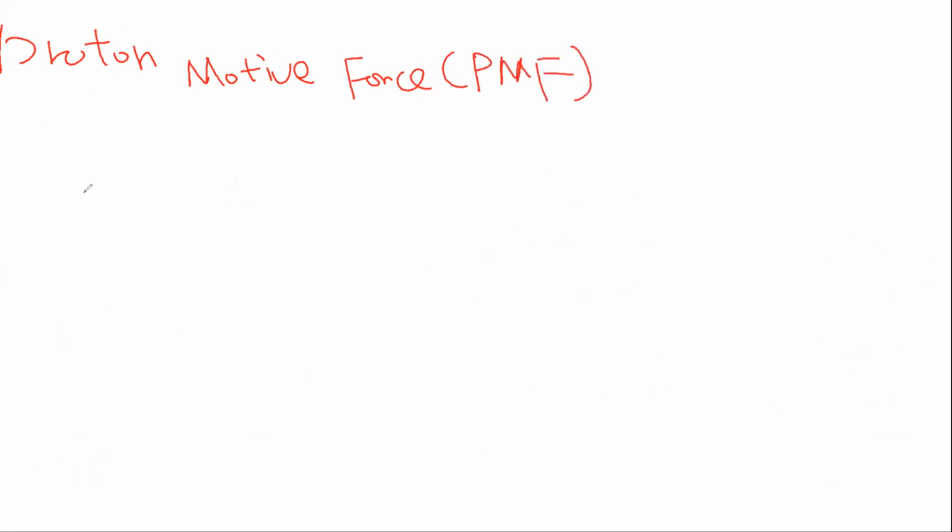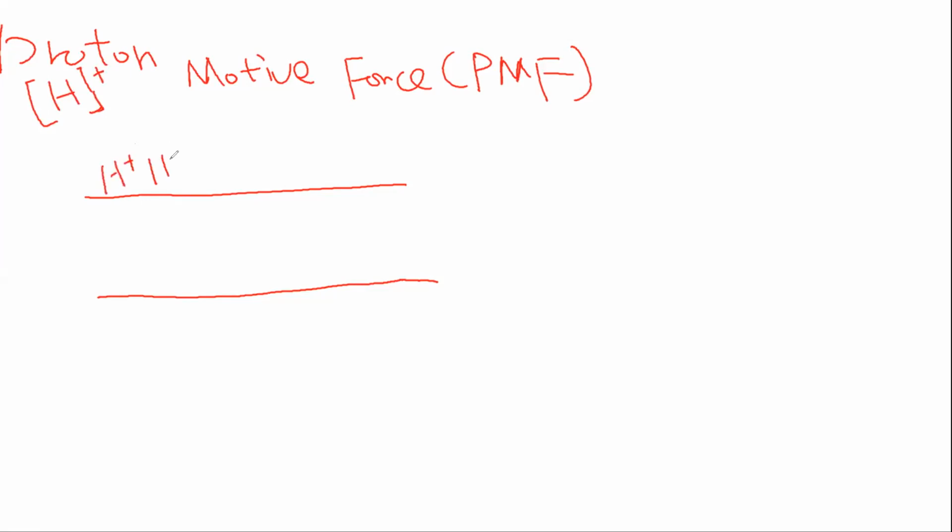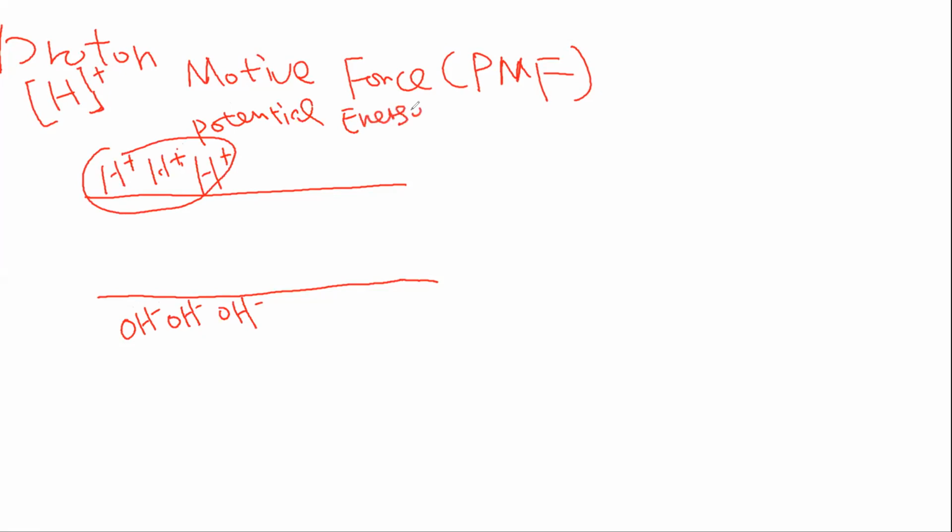What does that mean? During energy transfer in bacteria, protons, which means hydrogen ions, will be accumulated outside of the cell membrane. Inside will be fewer hydrogen ions. This is what we call potential energy. This potential energy will be transferred and become kinetic energy.